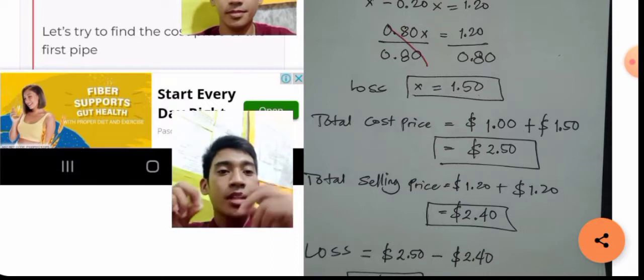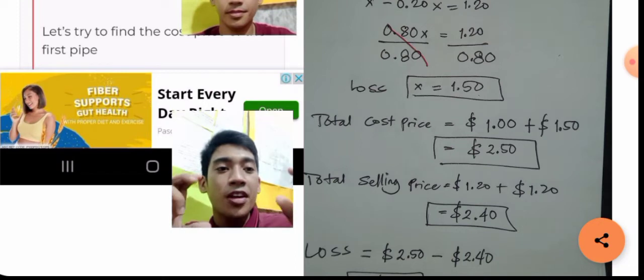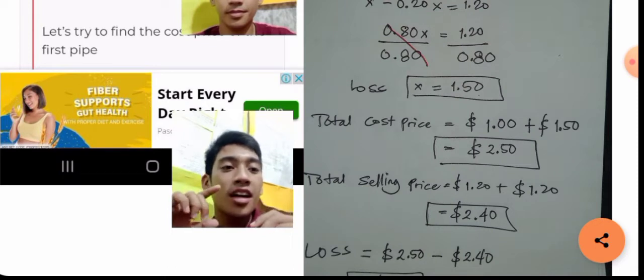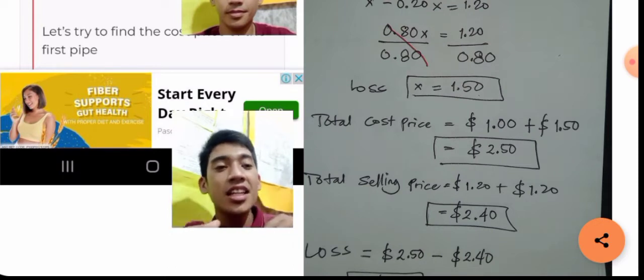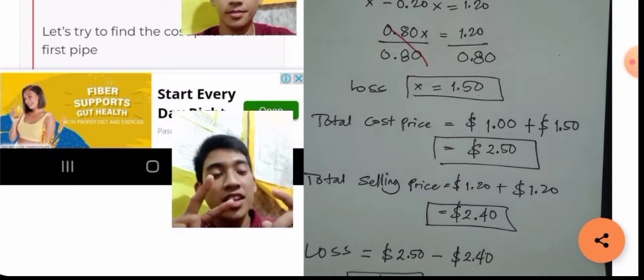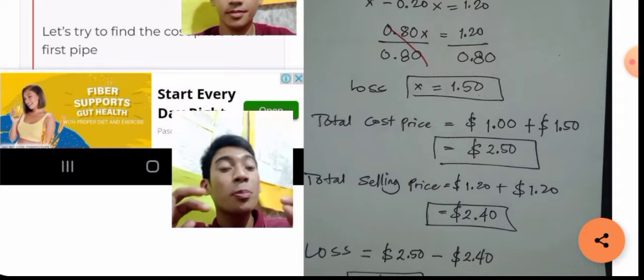Now, the selling price for the two pipes is $1.20 plus $1.20, that is 2.4.